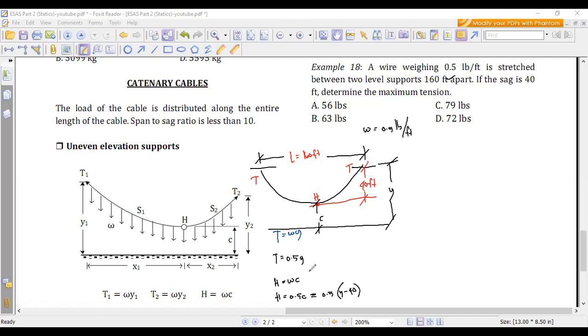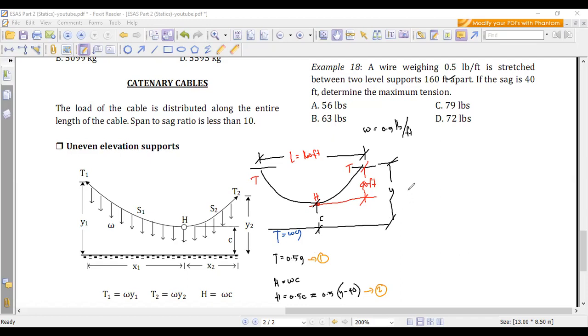Such that we have the Y variable for equation 1 and also for equation 2. Our objective is to find a way to calculate Y. If we have Y, then we can calculate directly for the tension.